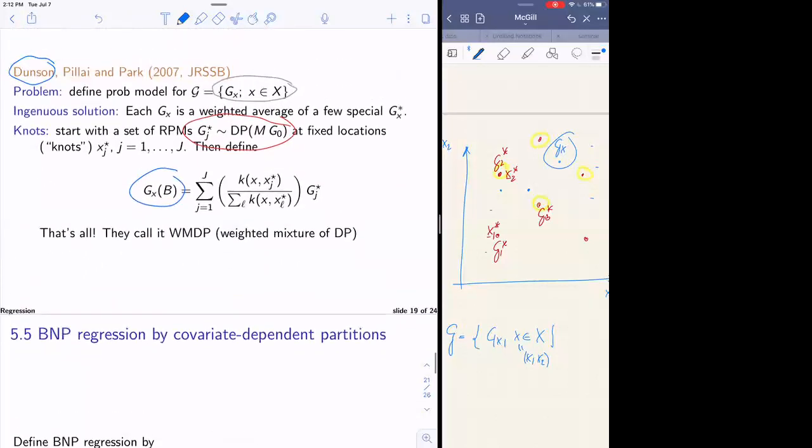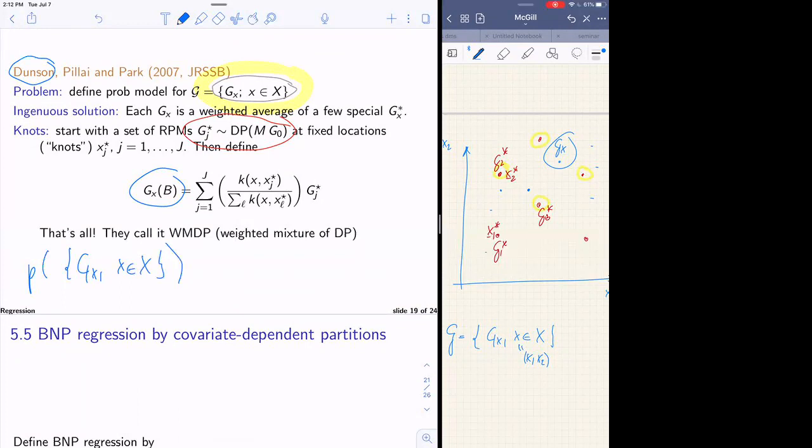Yet another one. So do you get the drift here? The common theme is this: we want to have a prior probability model for a family of probability measures indexed by covariates. That's the common theme, because that's how I think about regression.